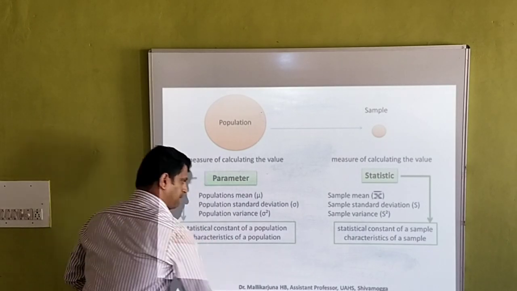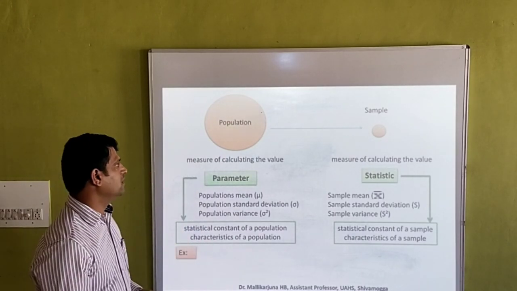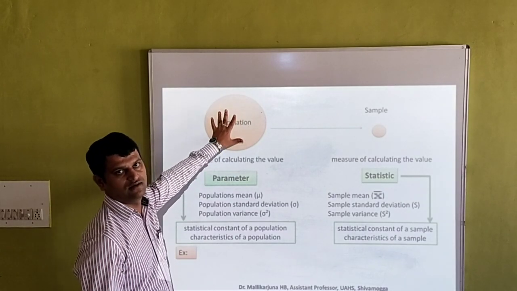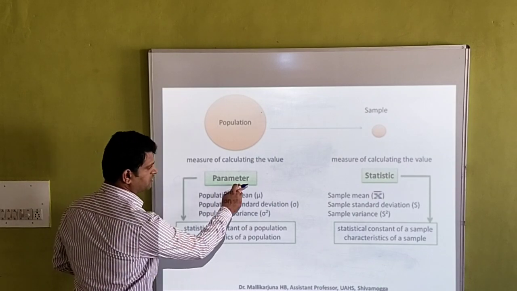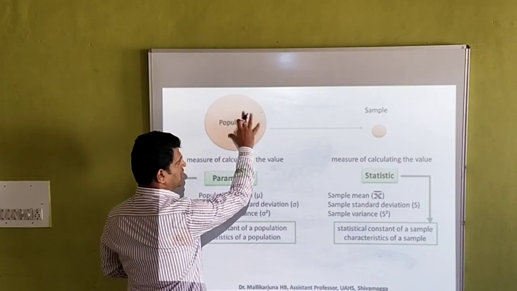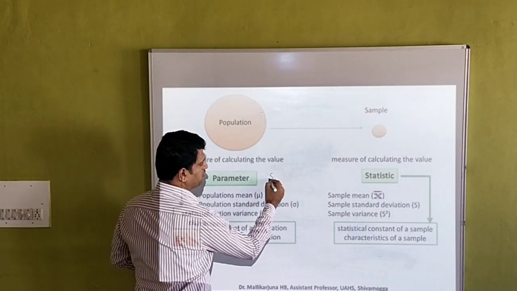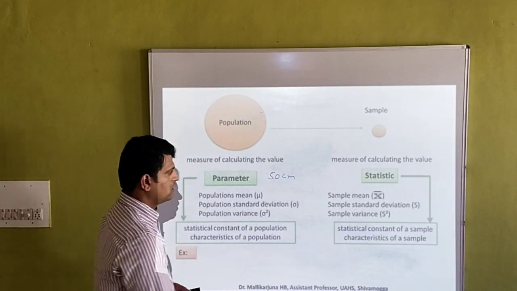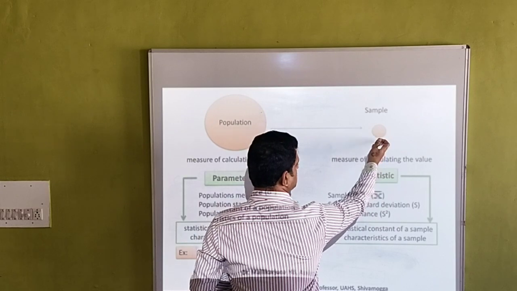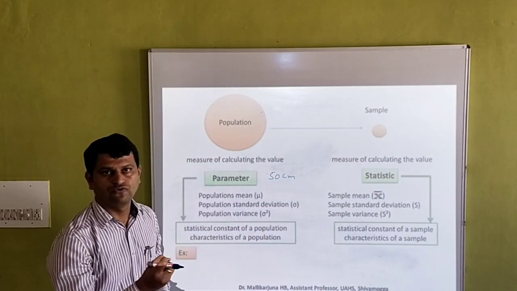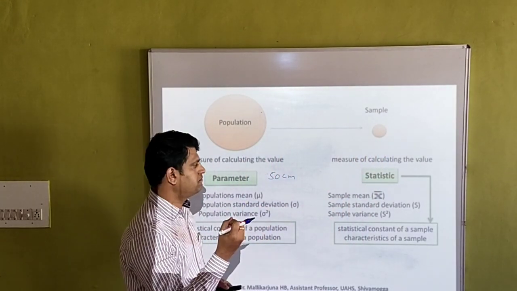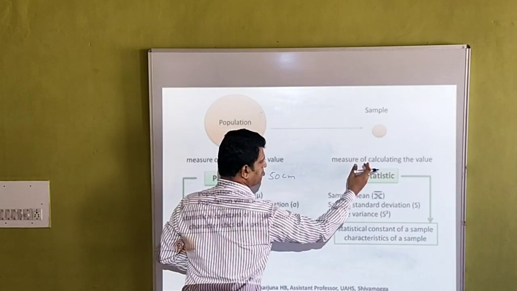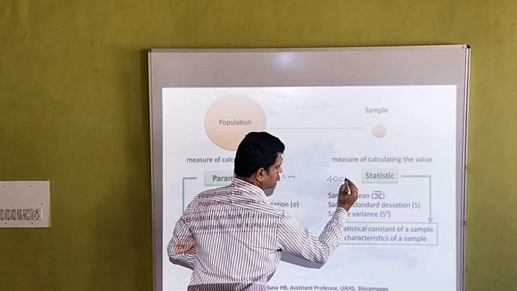Let's consider one example. The average height of plants in a field, this is the parameter. The average height of the plants in a field is 50 centimeters, for any crop. For the sample, with only a few observations, the average height of plants from the sample is 40 centimeters.